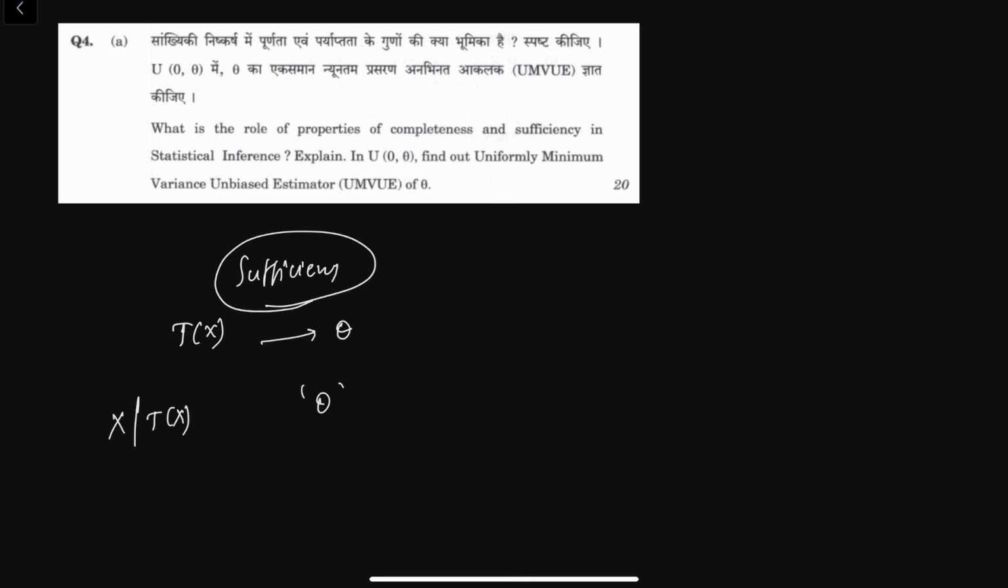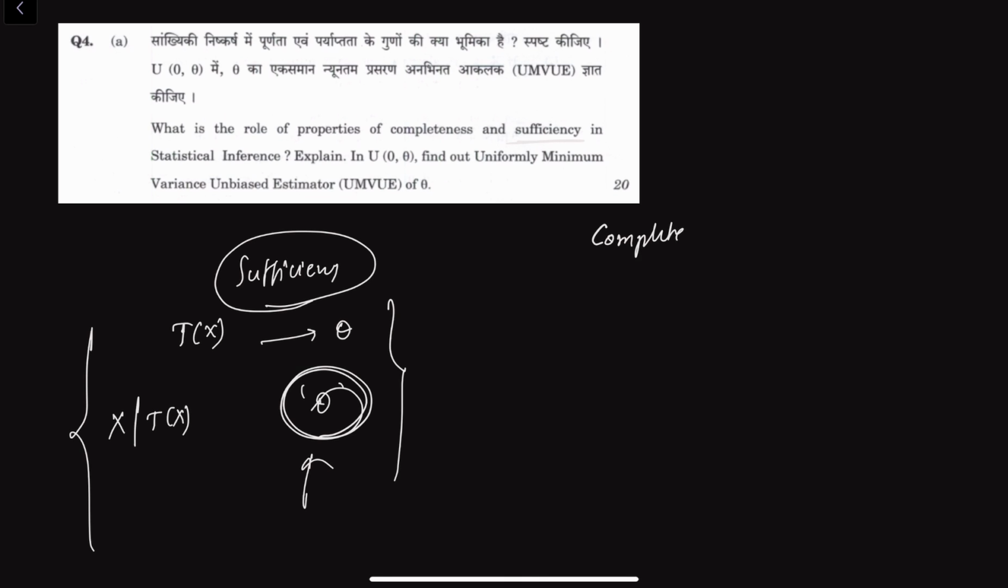That means a sufficient statistic compresses the data without loss of information about this particular parameter theta. We can use the factorization theorem to find this sufficient statistic. Basically, the sufficient statistic reduces our dimension in inference problems. We can explain all these things as part of the role of sufficiency.